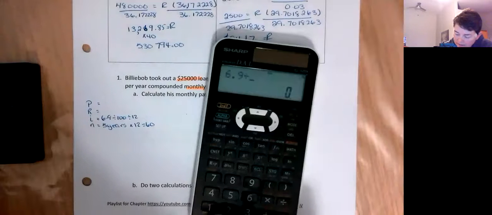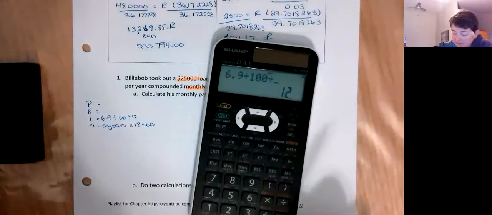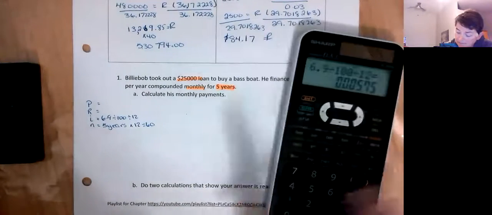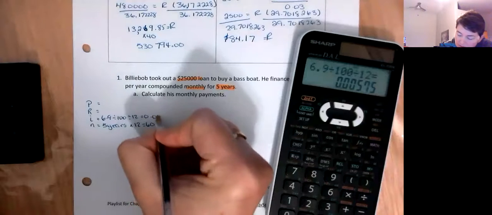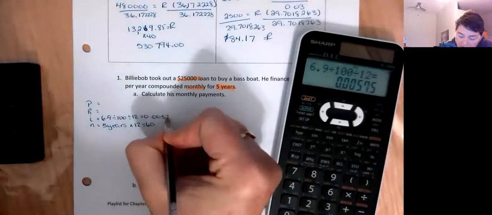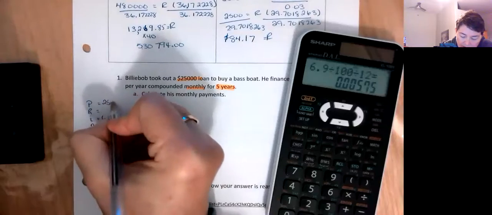If anybody wants to, yes, you could just divide by 1200, but it's okay. Equals 0.00575. And the amount of the loan is $25,000.